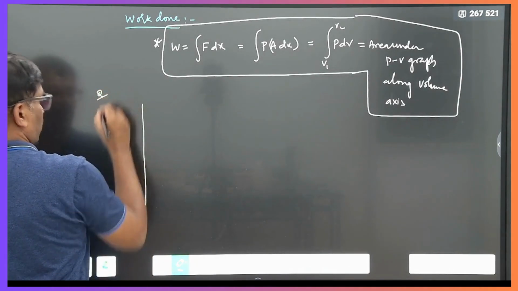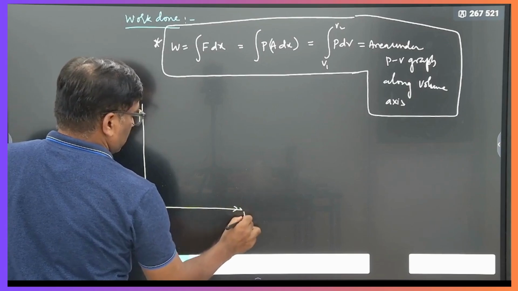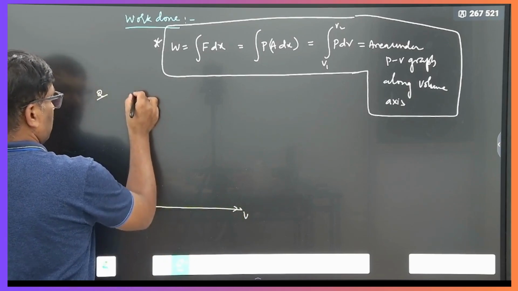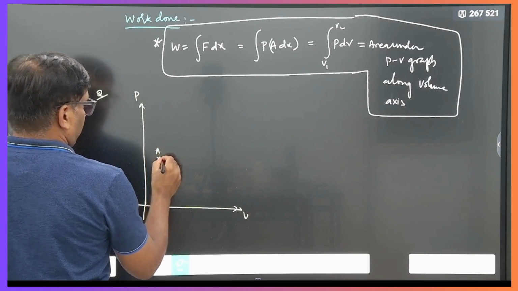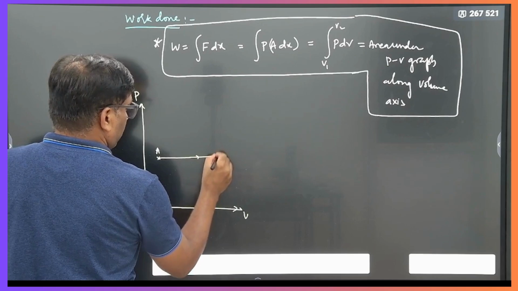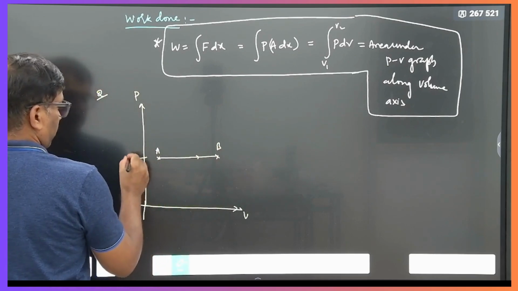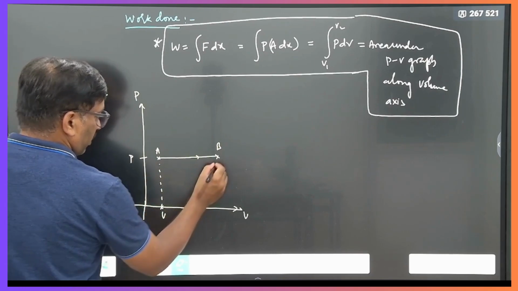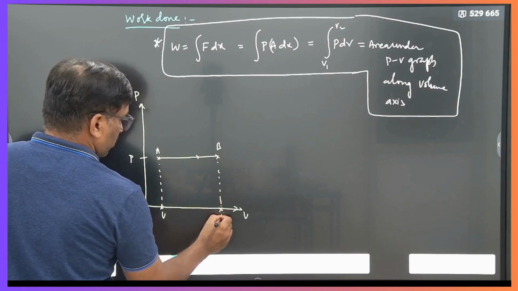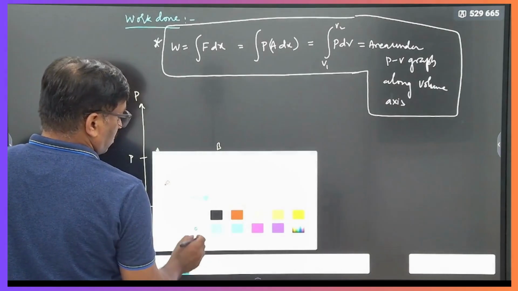Let us do one simple question. Suppose here this is volume and this is pressure. Suppose I am going from A to B, at pressure P, and the volume changes from V to 5V. What is the work done now?